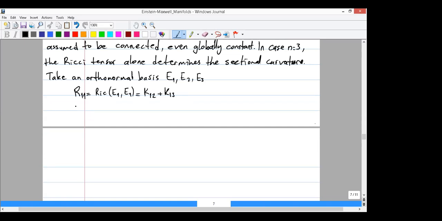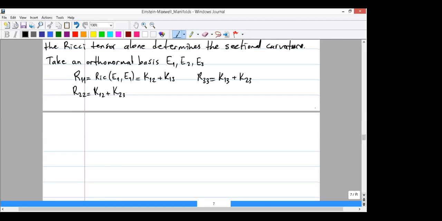And for R22, it is K12 plus K23, and R33 is K13 plus K23.